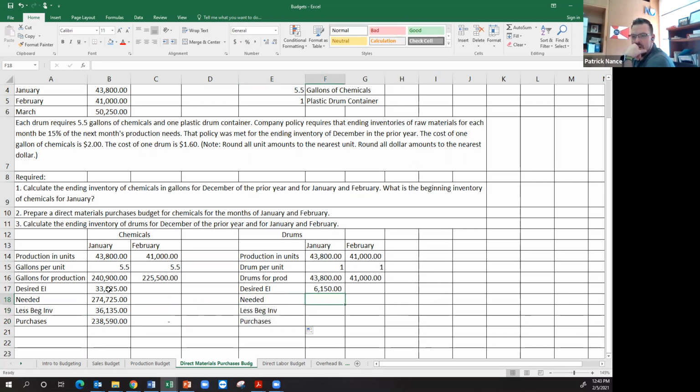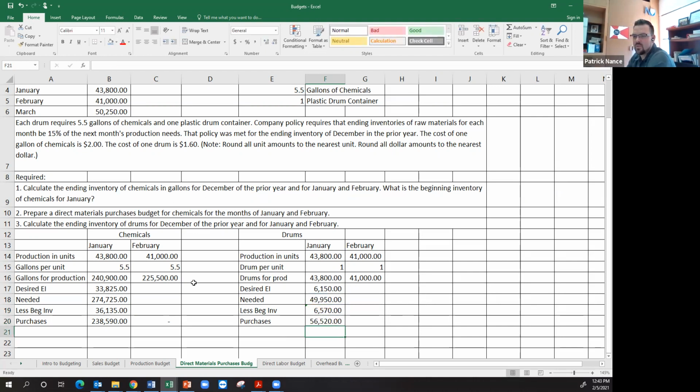So similarly here, I'm going to add these two together. And then beginning inventory, I'm going to take 15% of the current month's because that is the ending inventory for December, which is the beginning inventory for January. So then my purchases is going to be plus that.